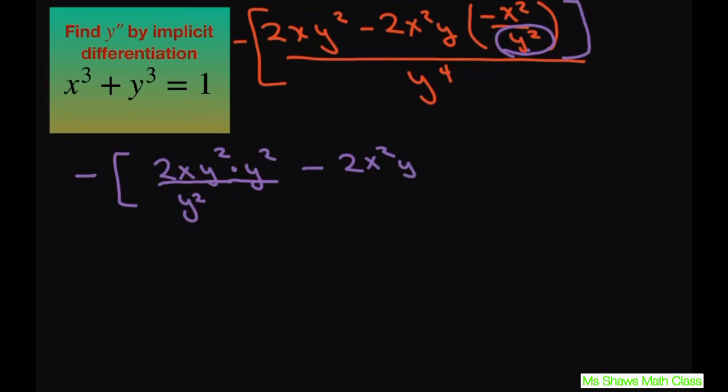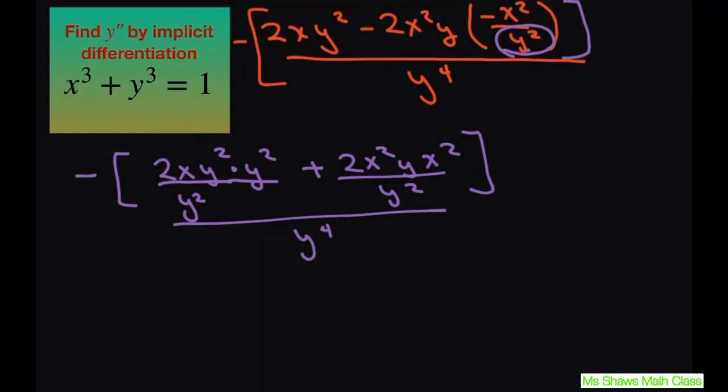These two negatives are going to make a positive, so that's going to be another x squared divided by y squared. And this is all divided by y to the fourth, sorry. I can bring down my common denominator and make this y to the sixth.